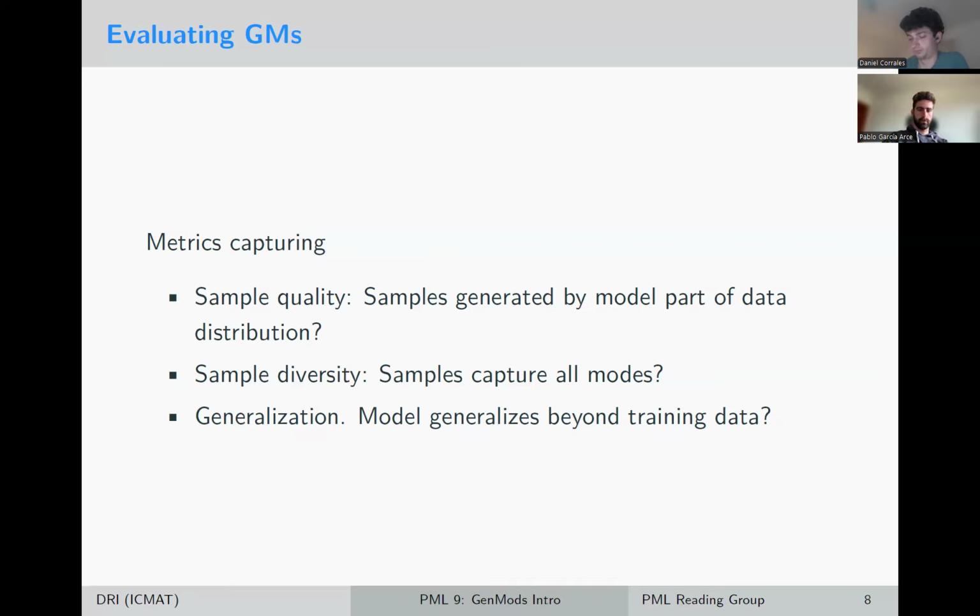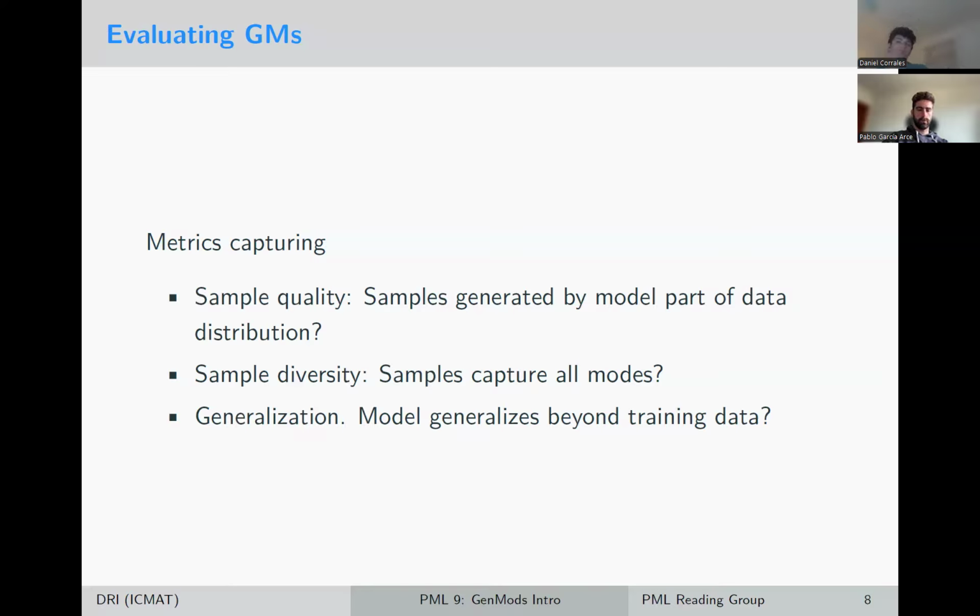The second one refers to sample diversity, and that was discussed by Pablo in the second session when he was referring to variational inference, whether it is focusing on one mode or several modes, etc. It's whether the samples that we are producing capture all modes or just one mode or a few of the modes.